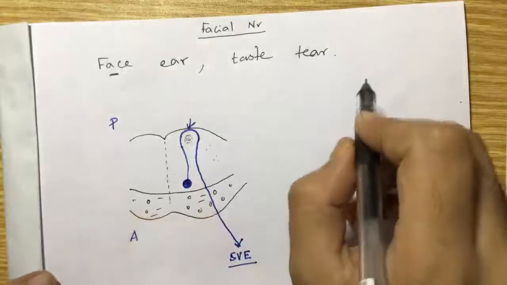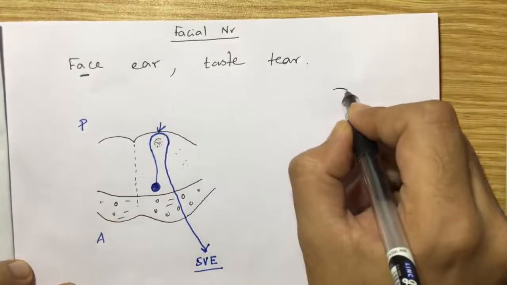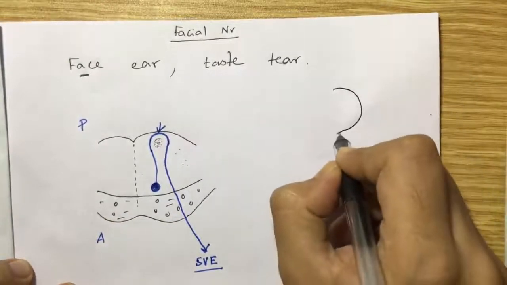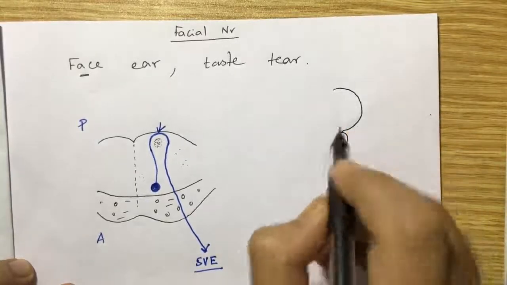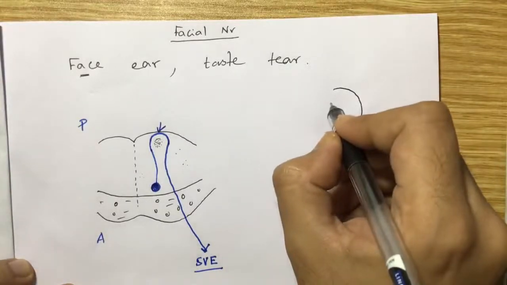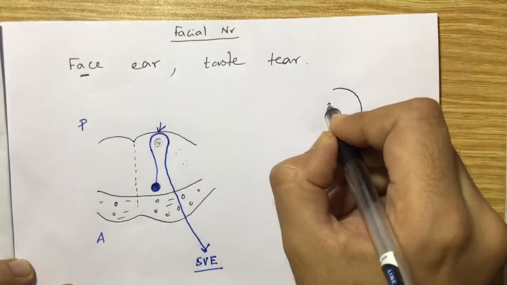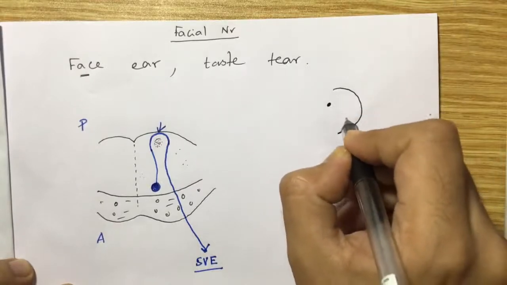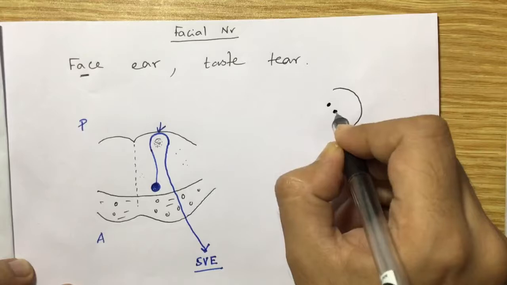If we draw another picture, that is the pons and this is the medulla. Here lies the sixth nucleus, and just below this is the seventh.